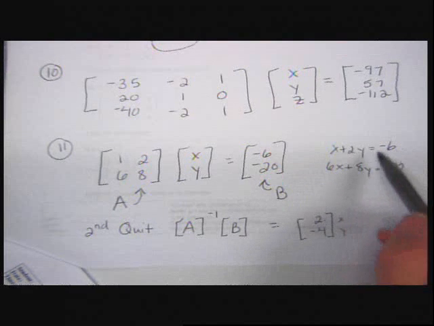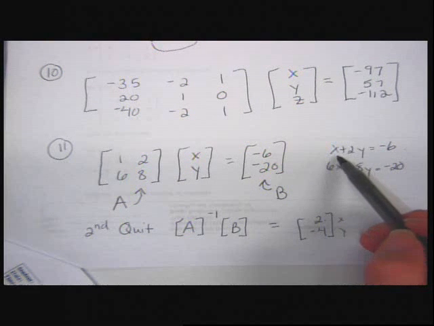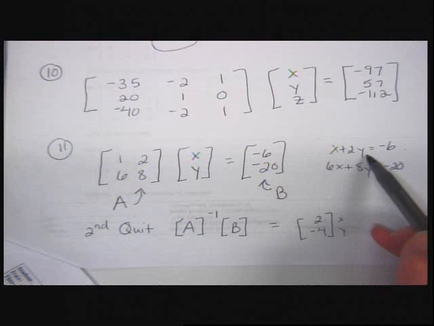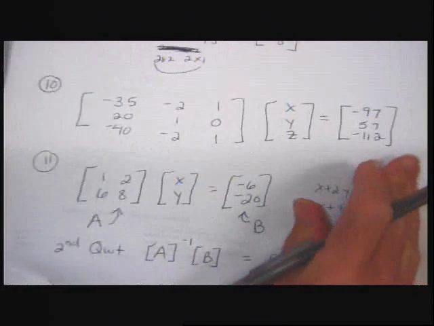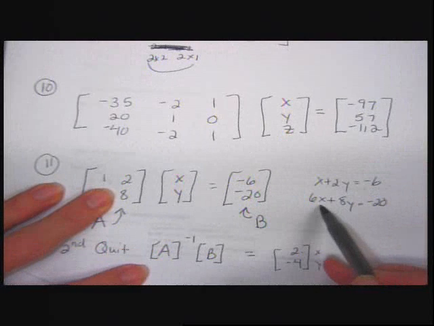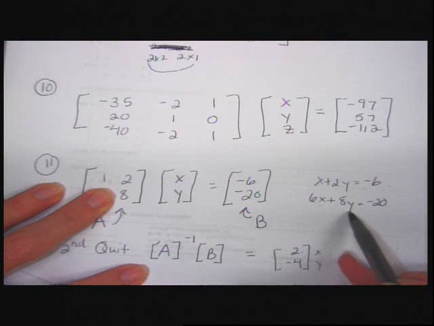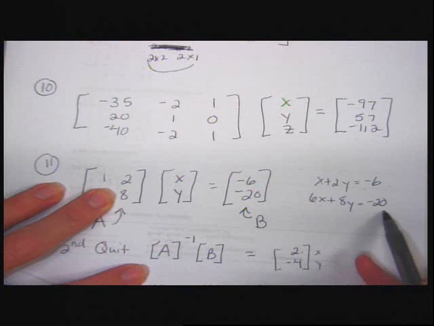If I put 2 in for x and -4 in for y, notice that I do get -6. Do y'all see that? And if I put 2 in for x here and -4 in for y here, I will get -20.